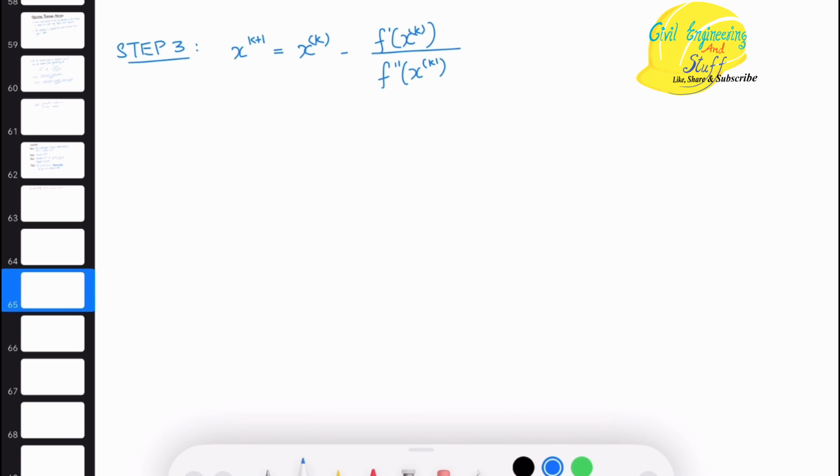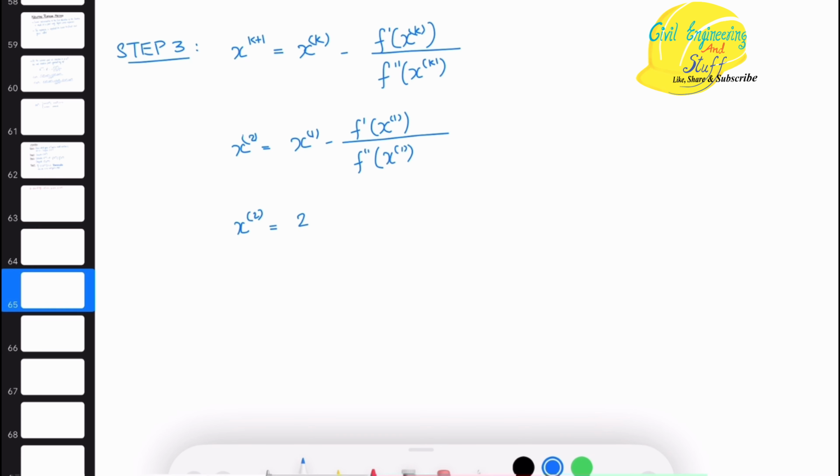Let's put the values. K was 1, so x2 will be equal to x1 minus the first derivative of x1 divided by the second derivative of x1.